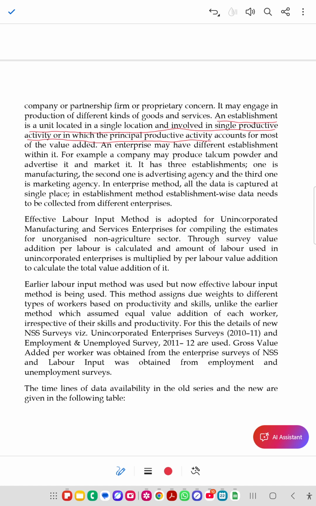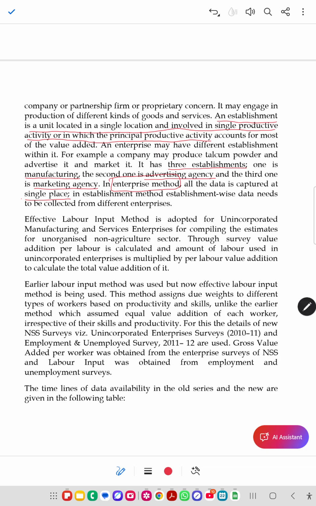For example, a company may produce talcum powder and advertise it and market it. It has three establishments. One is manufacturing, the second is an advertising agency, and the third is a marketing agency. In the enterprise method, all the data is captured in a single place. With the establishment method, establishment-wise data needs to be collected from different enterprises.